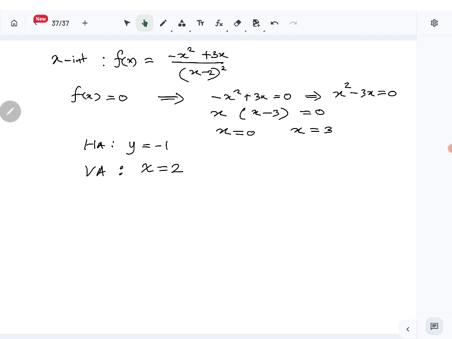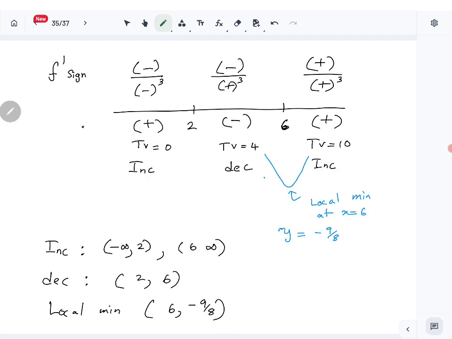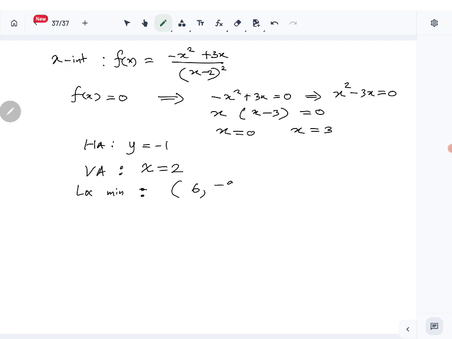The local min value was what? Local min value was 6 comma minus 9 over 8. Inflection point was 8 comma minus 10 over 9.